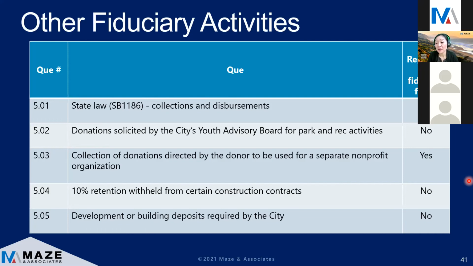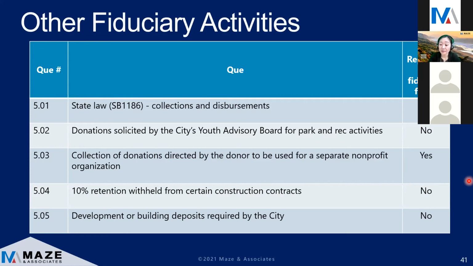5.05, development or building deposits required by your agency. I think this happens a lot when the economy is doing well, or if you have a lot of land to be developed by developers. A lot of times agencies may require building deposits or development deposits, and a lot of them used to put them in agency funds.